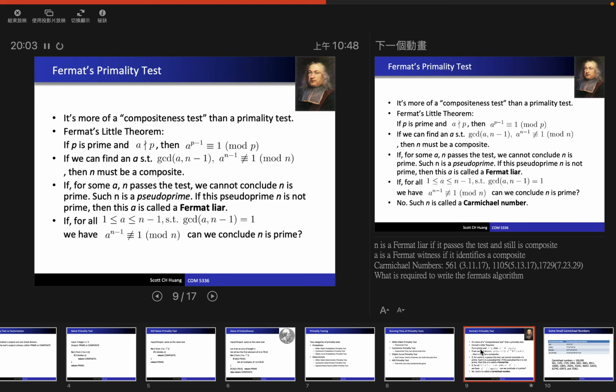If we substitute this n with p, for a prime number, then the result becomes Fermat's little theorem.